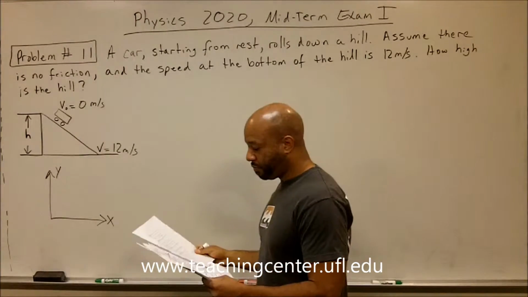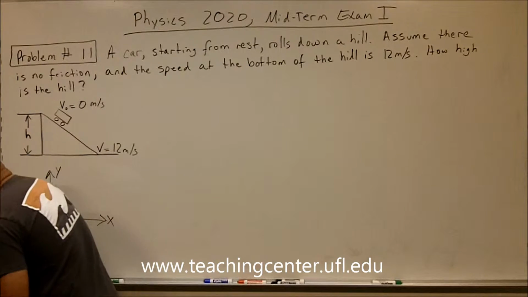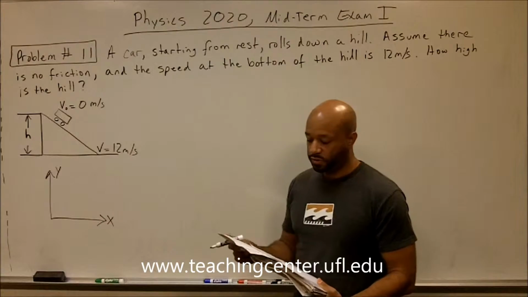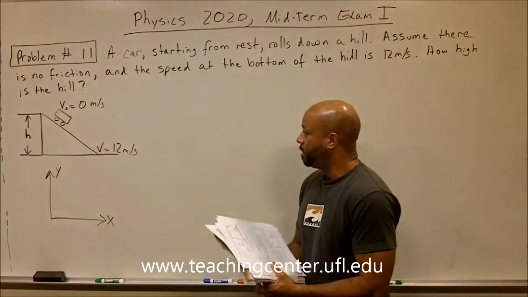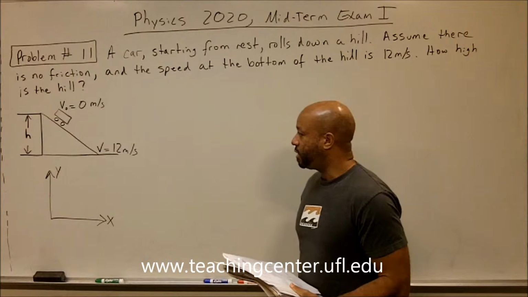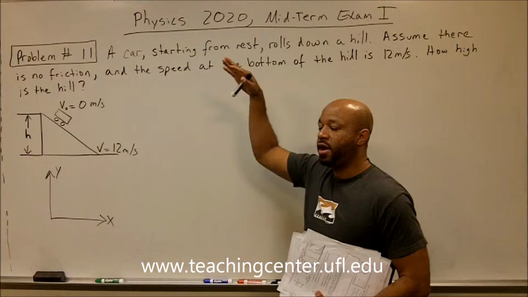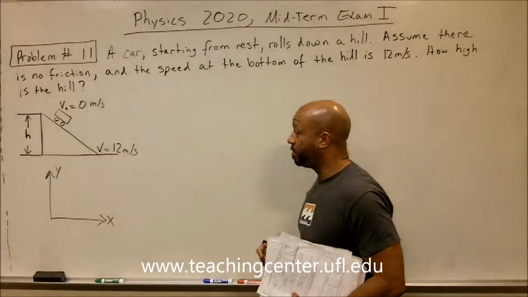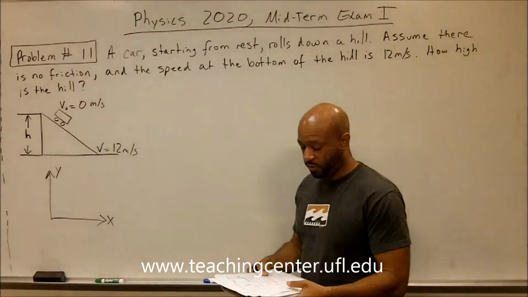All right, so the approach in this problem, we need to think about the information that's given to us. And one thing that we know is that when something is moving from a higher elevation to a lower elevation, or something is moving period, energy is always conserved, okay?